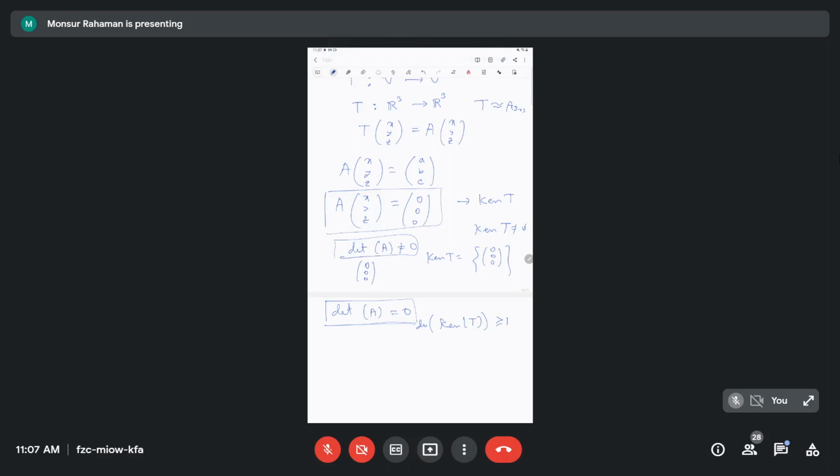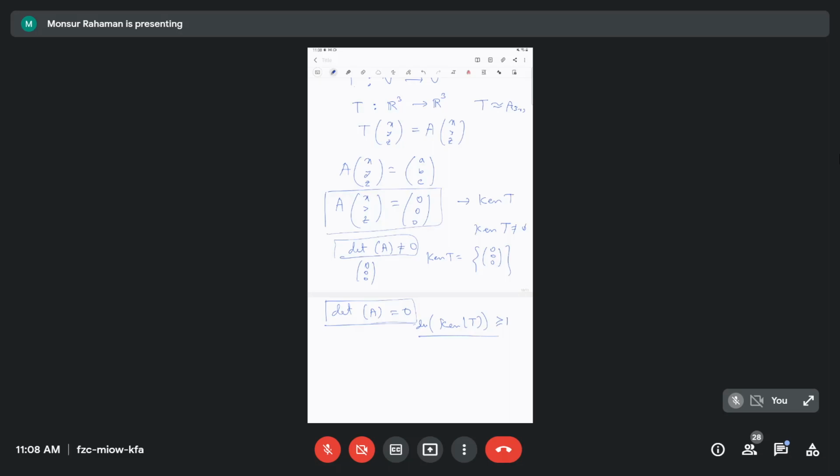So ker T is basically all those zero solutions, corresponding zero solutions. And its dimension we call the nullity. The dimension of ker T is the nullity of a linear transformation or a matrix.